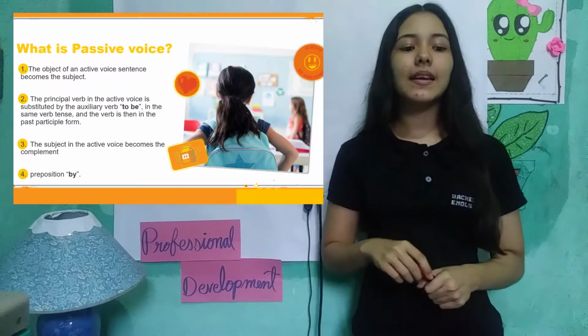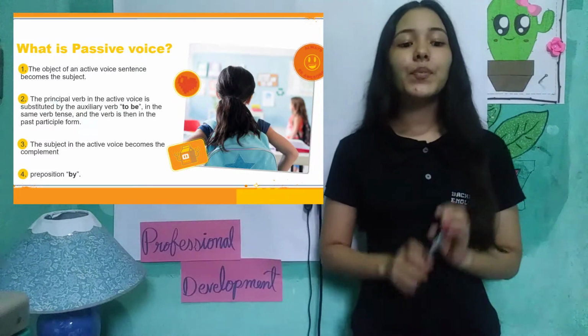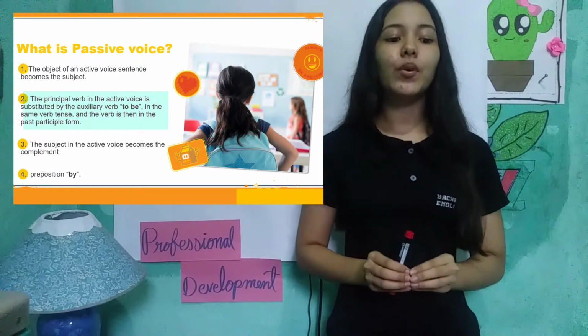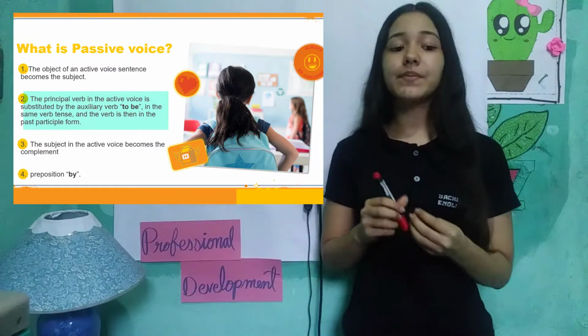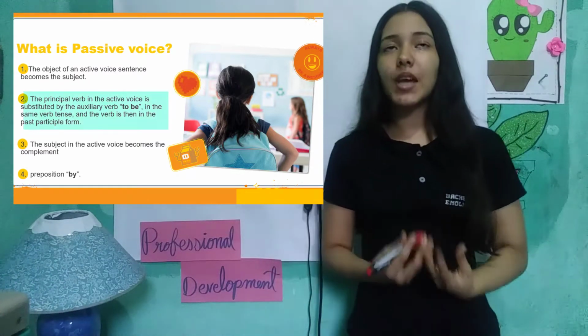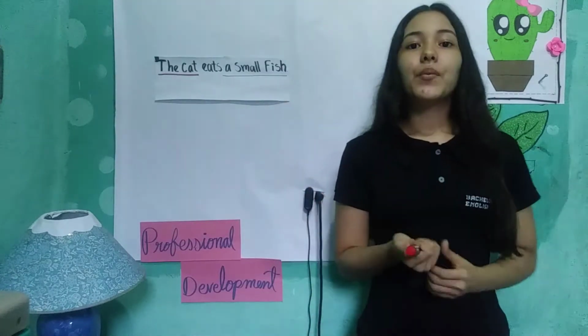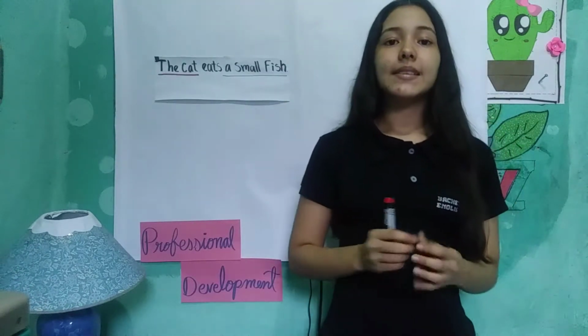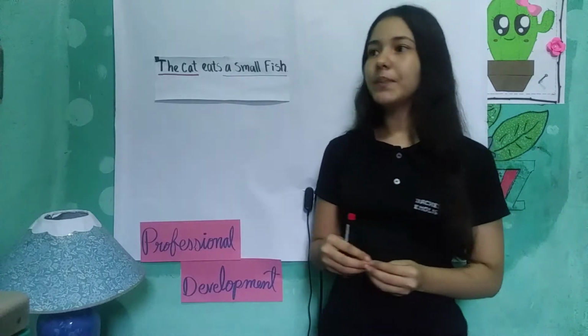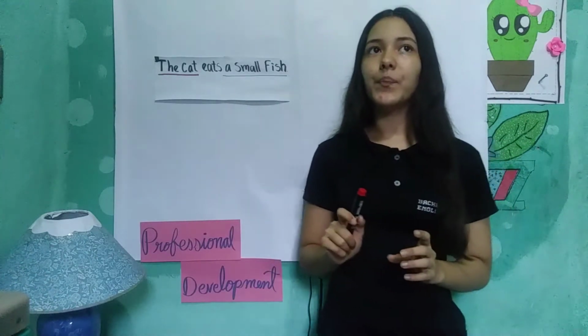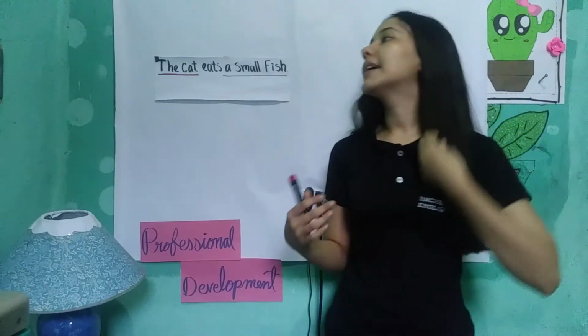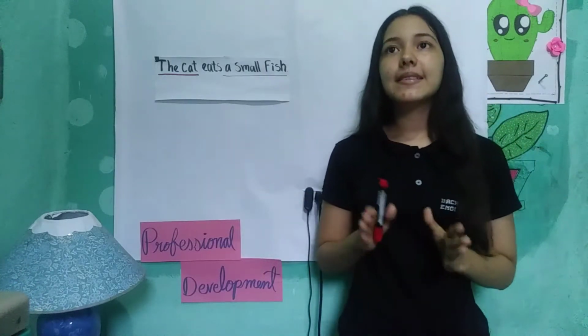The second one says the principal verb in the active voice is substituted by the auxiliary verb to be in the same verb tense. In passive voice we need to add the verb to be. As you can see here, there is no auxiliary verb, but we need to add it in the same tense.